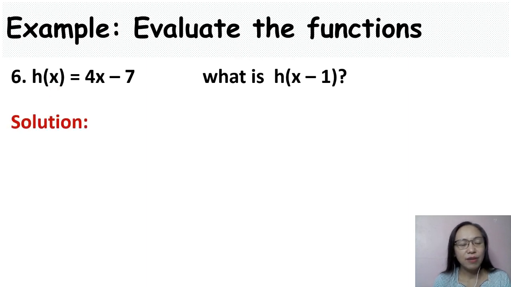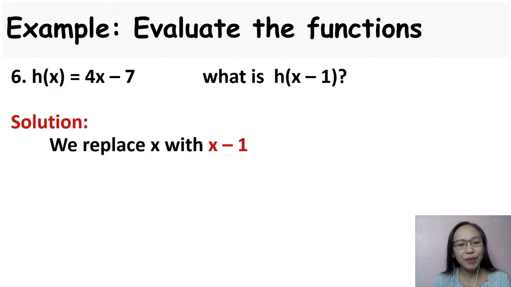So for our solution, we replace the x with x minus 1. Getting the original equation, we have h of x equals 4x minus 7. And then we replace the x's here with x minus 1.